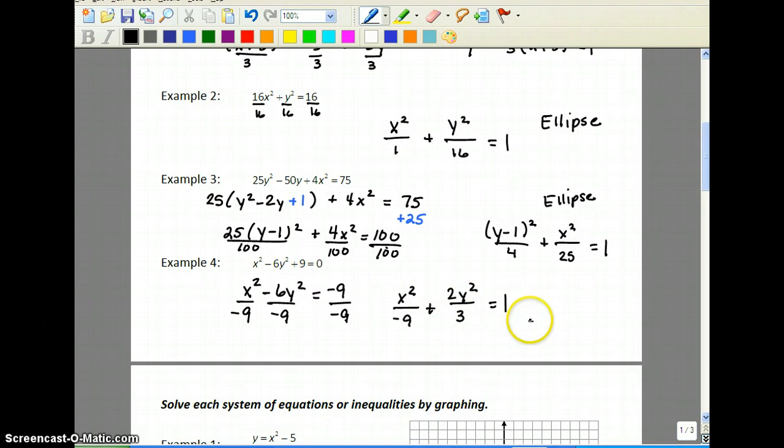So our final answer would be: do the y squared first, because that's the positive one. So y squared over, multiply by 2/3 is divide by 3/2, or you could put 1.5, minus x squared over 9 equals 1, and that's a hyperbola.